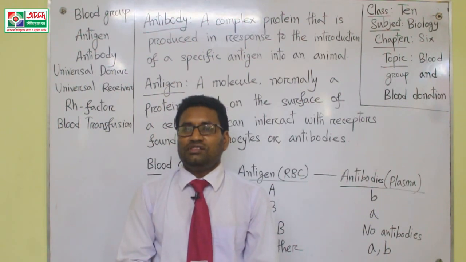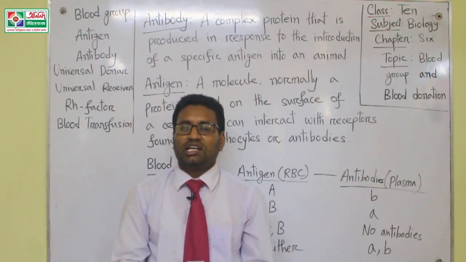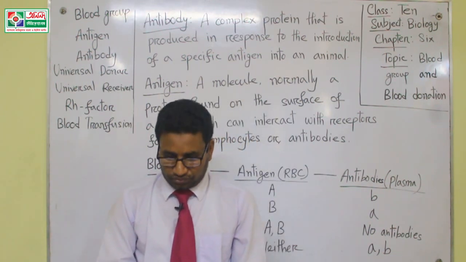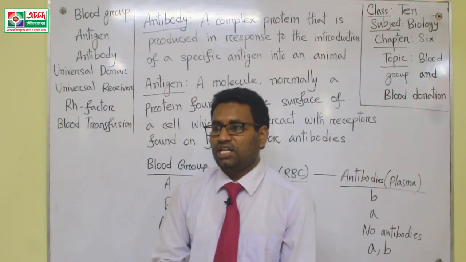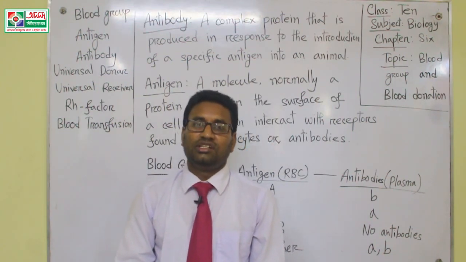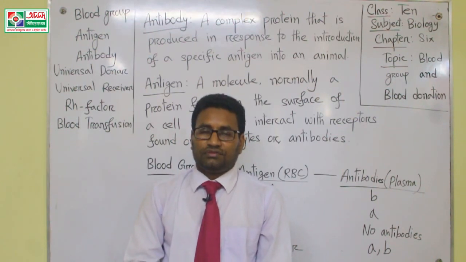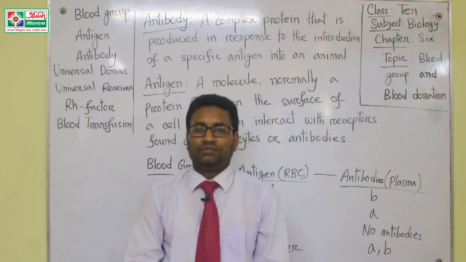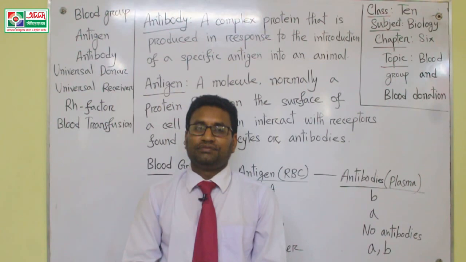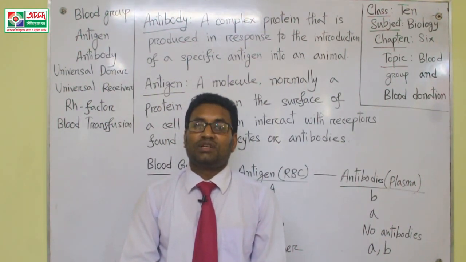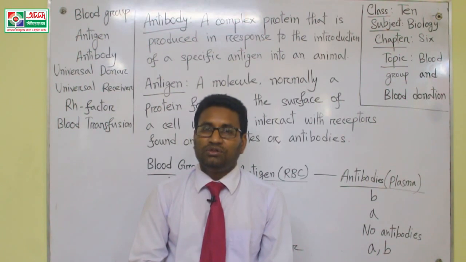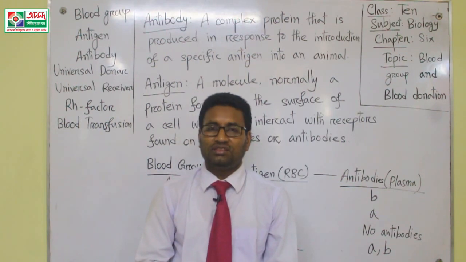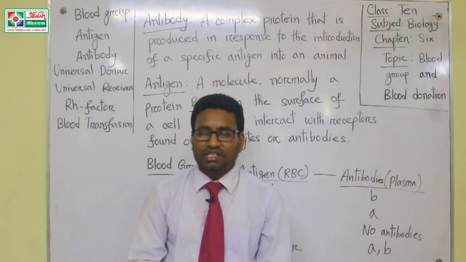Rh factor is another important topic for our blood group. In 1940, two scientists, Karl Landsteiner and Wiener, did research on one kind of monkey, the rhesus monkey, and they found a special type of antigen in the rhesus monkey.